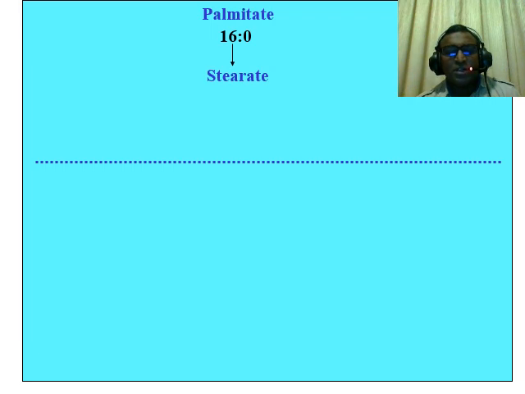While palmitoyl CoA is made in the cytoplasm, the stearate or stearic acid is made in either the mitochondria or smooth endoplasmic reticulum. So there are two systems, but the end result is elongating the palmitic acid.